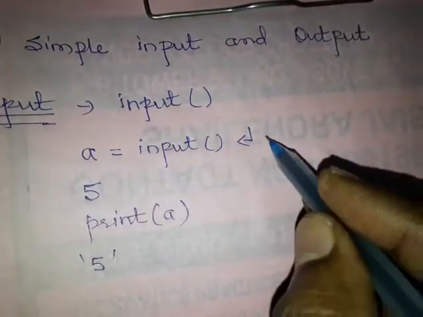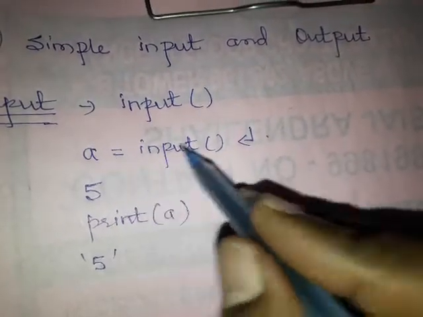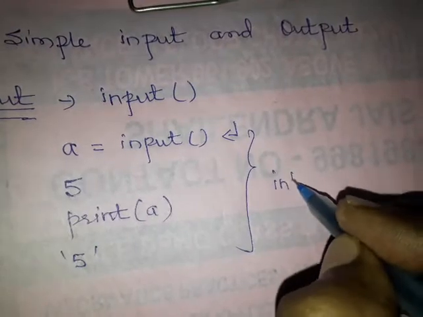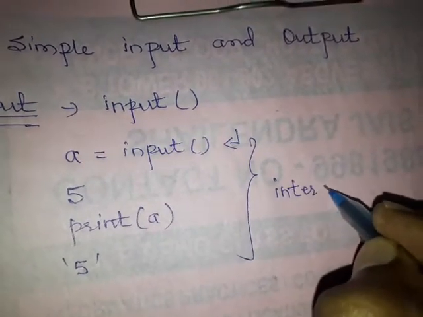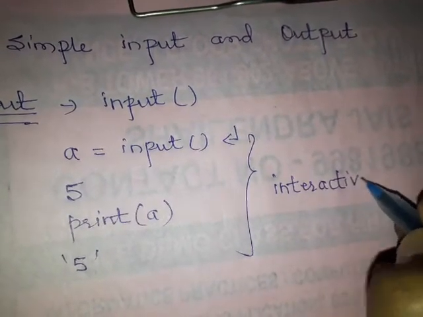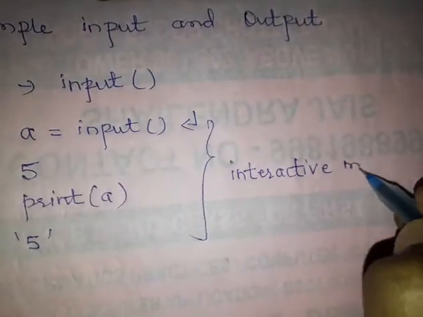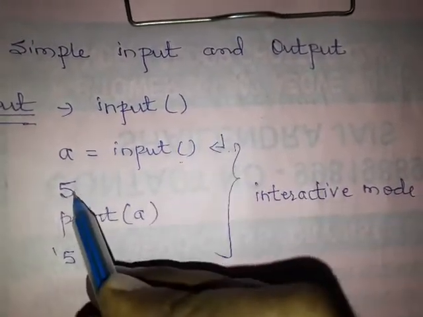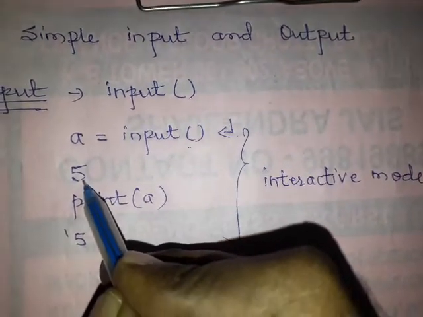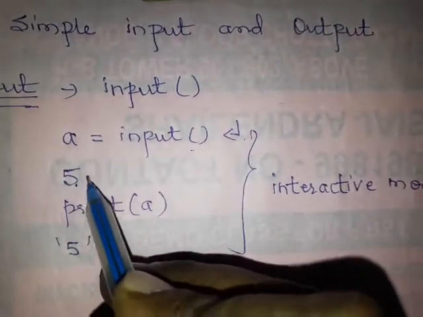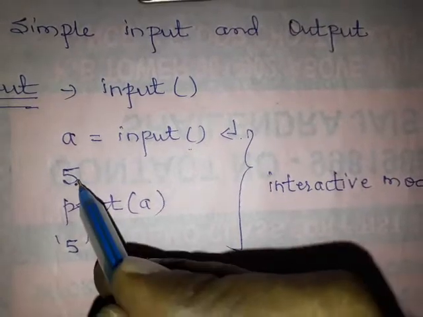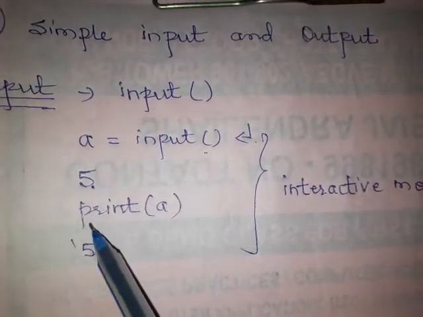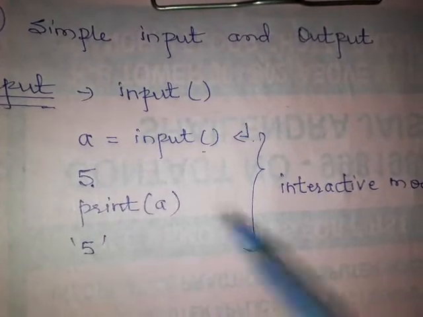Run these 4 lines one by one. First run this in interactive mode. First write this line, enter. It will wait for you to give some input. When you give input, as I give 5 over here, then after giving the value, print A, it will give 5.